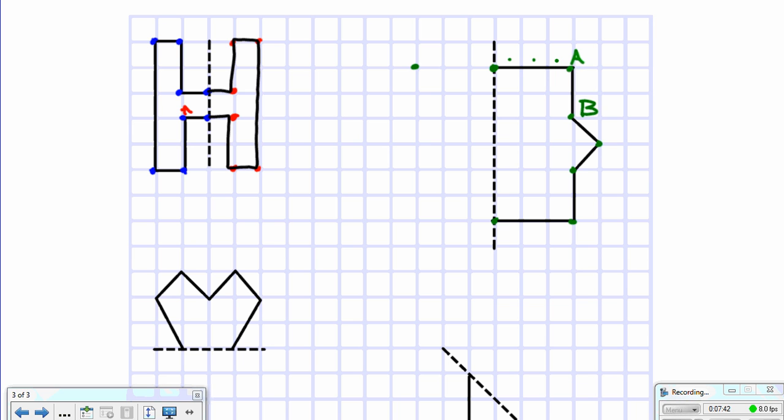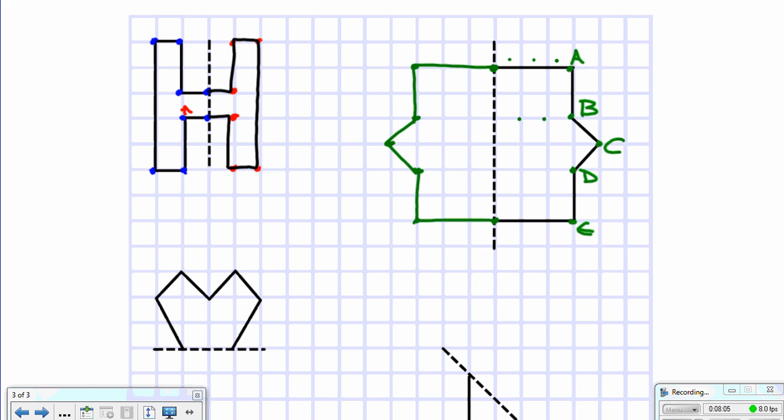For dot B, 1, 2, 3 squares away. C is 4 squares away. E is 3 squares away again. And then we connect our dots. Oh my gosh, what's it going to be? Whoa, were you surprised? I hope not.